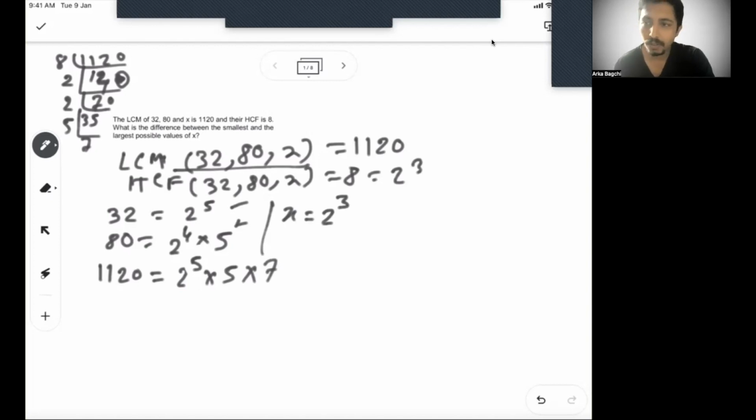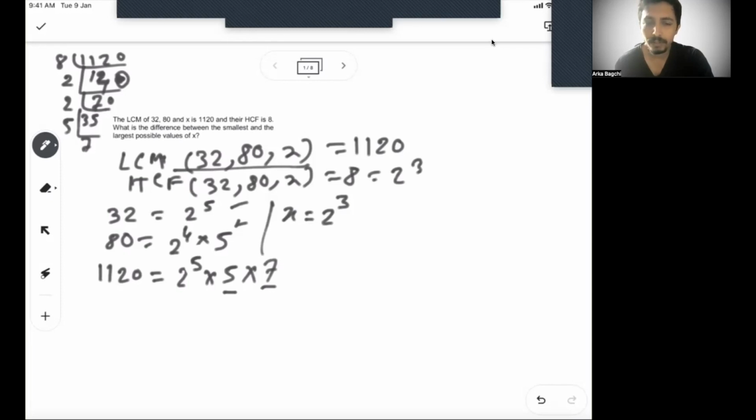That's not the only possibility, though, because for 2 it will be the highest power. Now for 1120, it has a 7 and a 5. The HCF criteria is satisfied if x has 2 cube. But for the LCM to be 1120, x has to have at least one 7.